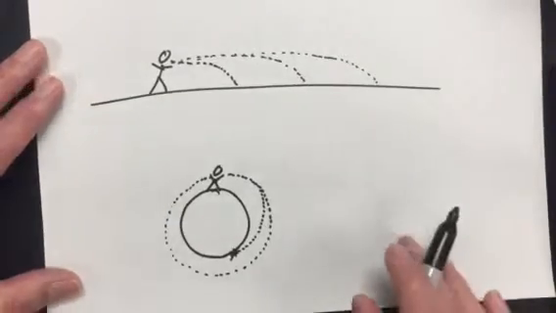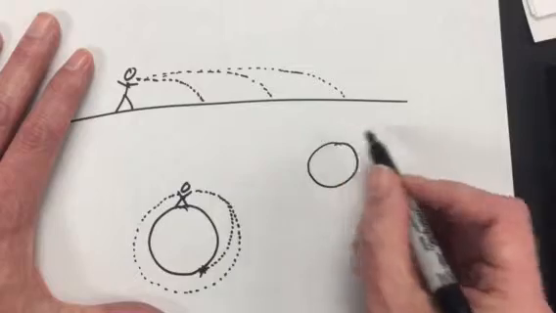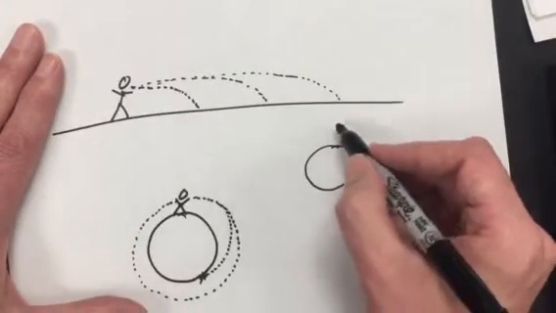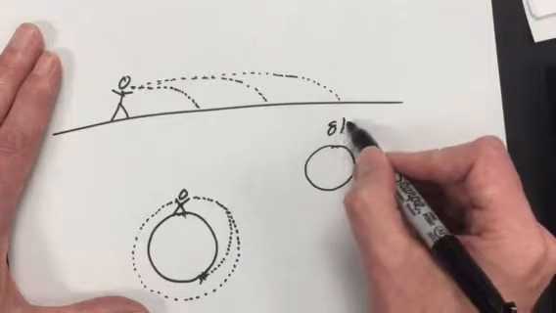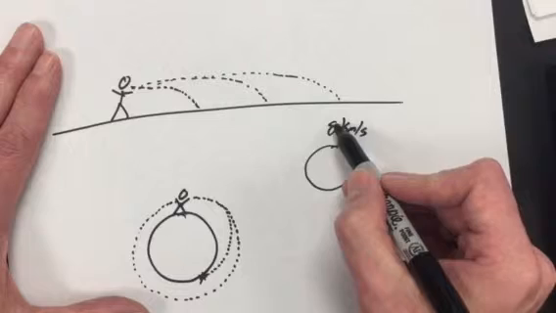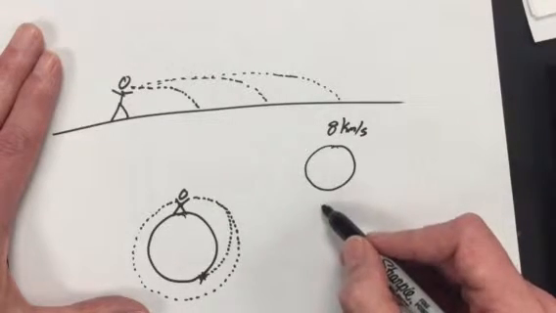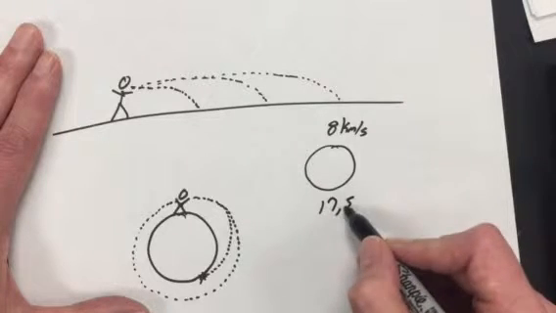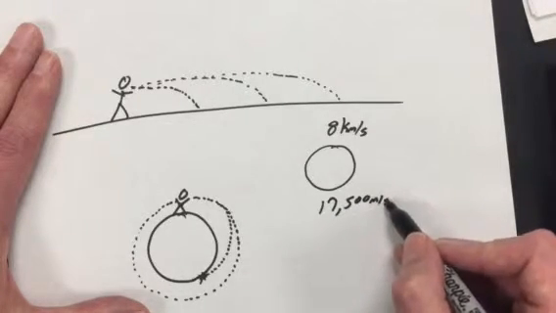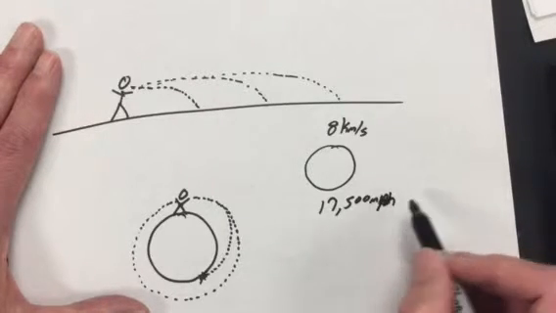Now, speaking of that, if you are going round and around the Earth, then your orbital speed is somewhere in the neighborhood of 8 kilometers per second, which is an incredible rate of speed. That's on the order of somewhere around 17,500 miles per, not miles per second, miles per hour, mph.